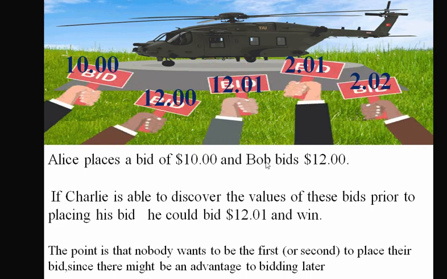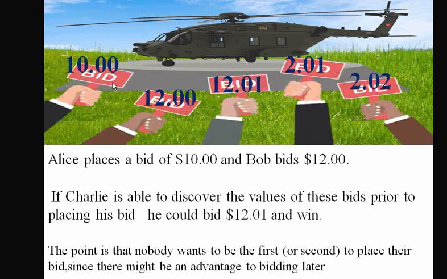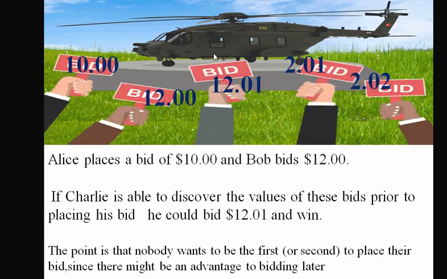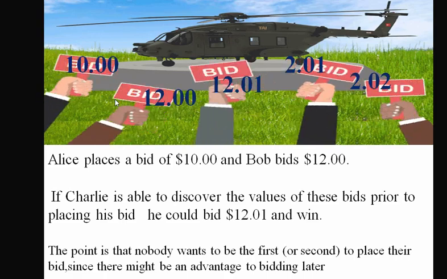In this slide you are going to understand what an online bid is. Suppose five persons want to buy a copter. So there is an online bid, and each bidder's bid amount is submitted online.